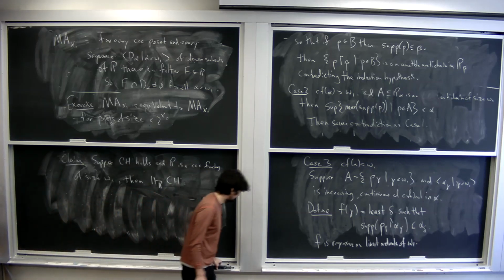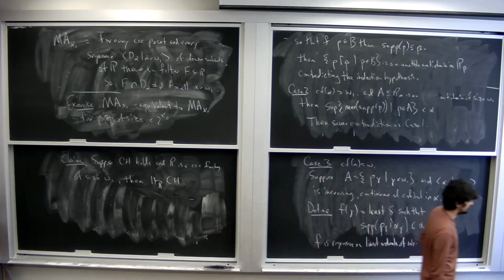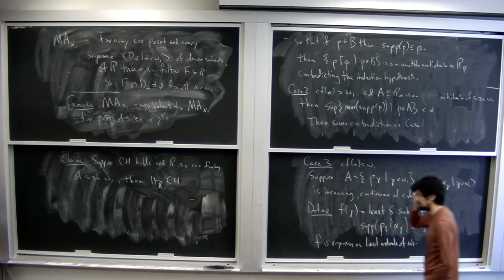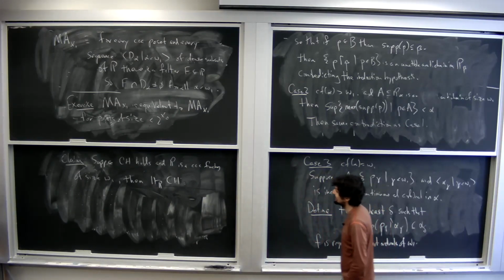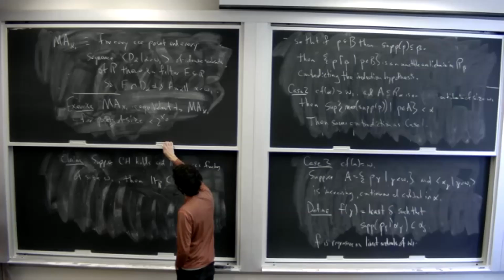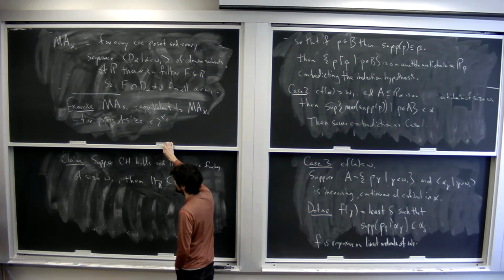So how much? Could I ask a question about the exercise? Yes. I can't quite see on Zoom whether that bit is strictly less than continuum or less or equal continuum. I think I wrote strictly less than continuum. Is that okay? Well, let's see.